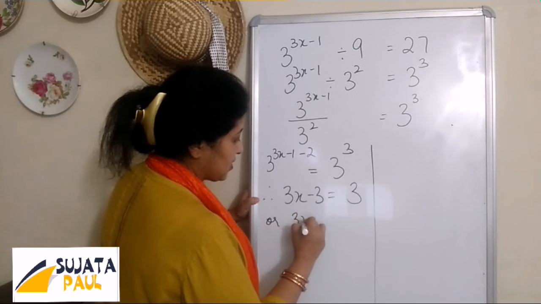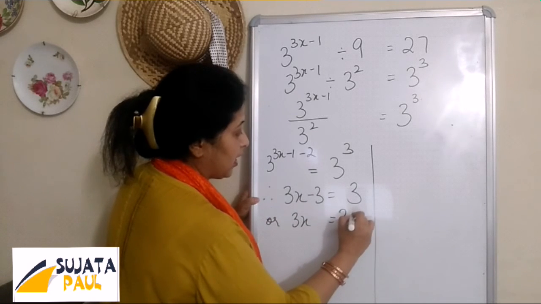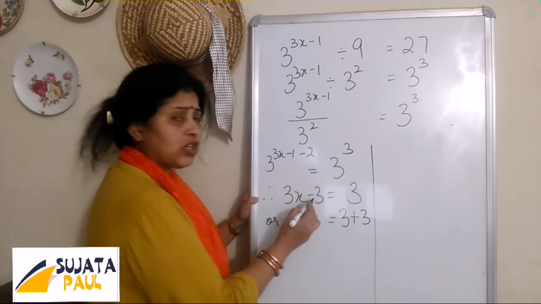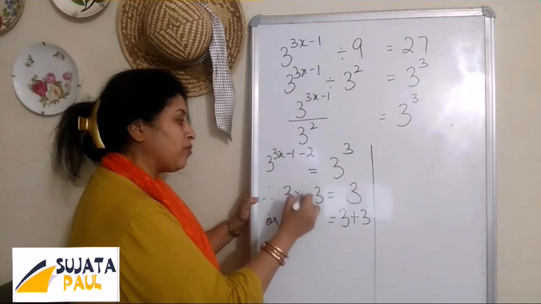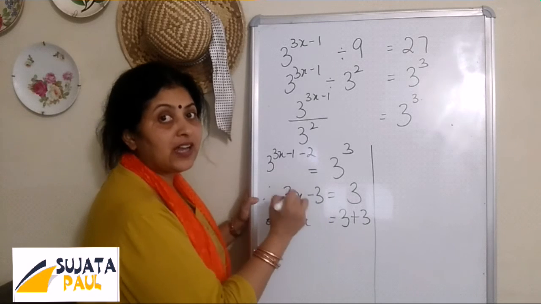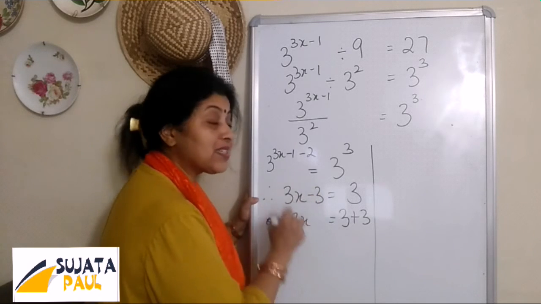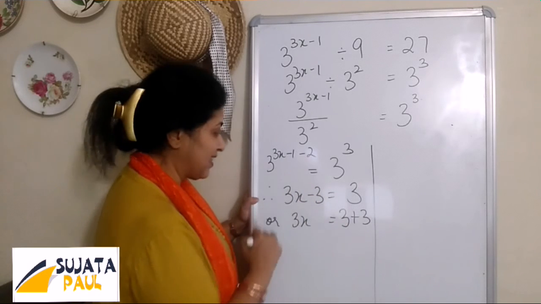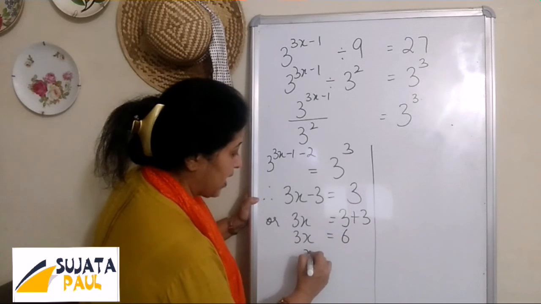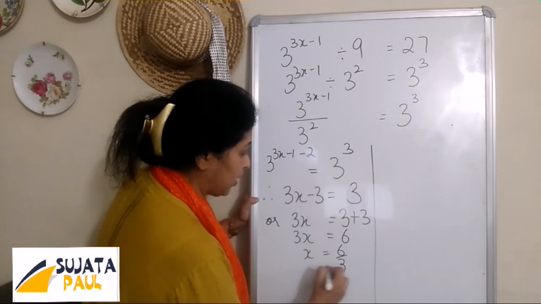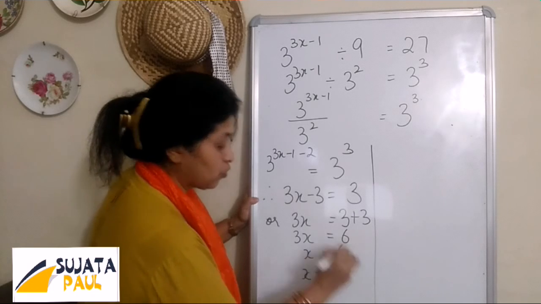Or 3x is equal to 3 plus 3. Actually, when you have the equal to sign, it actually means I am removing this. To remove this minus 3, I'll do a plus 3. So if I do plus 3 this side, I have to do a plus 3 that side. So this becomes 3x is equal to 6. x is equal to 6 upon 3 and x is equal to 2.